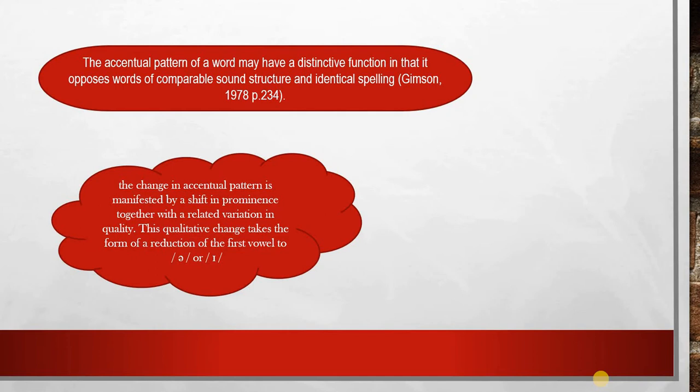So there is a distinctive function that makes the word completely different compared to another, the same word, according to its context. The accentual pattern of a word may have a distinctive function in that when the stress moves from one syllable to another, it means that it is a verb, an adjective, a noun, or something else.